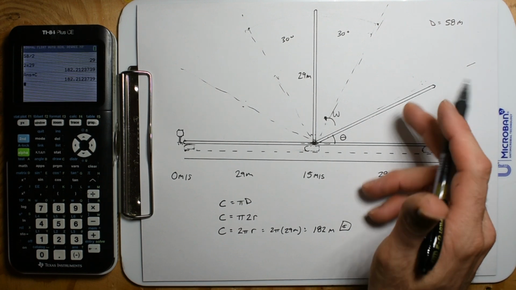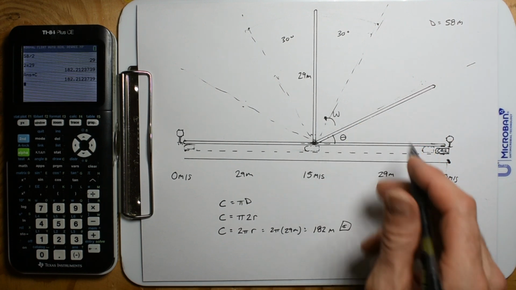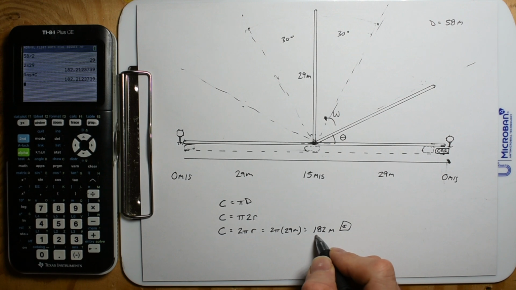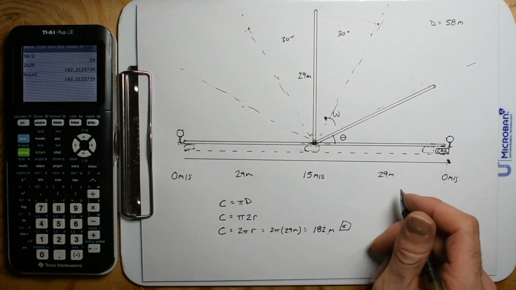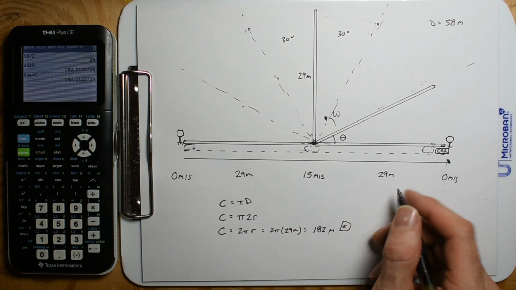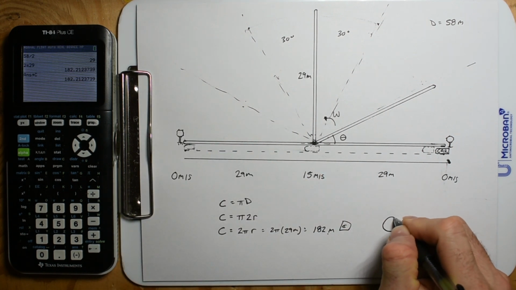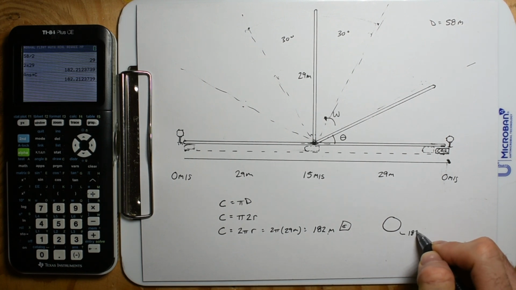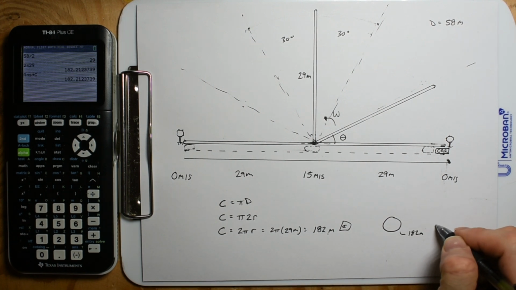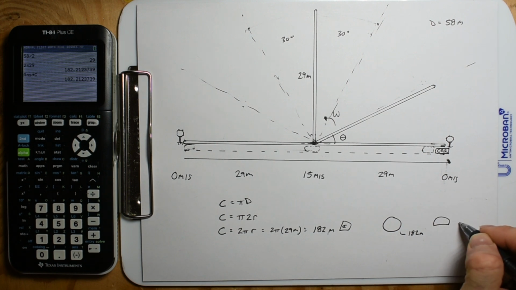Sweet. And so this 182 meters will be for the full 360 degrees. So you could say a full circle is going to be 182 meters. You could say a half a circle is just half that, so it'd be 91 meters.